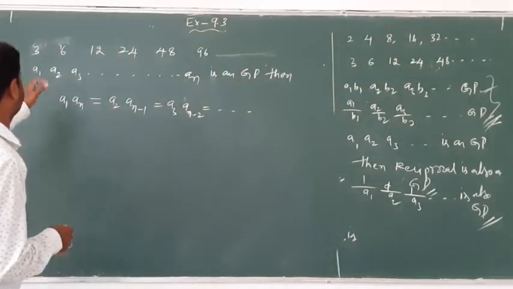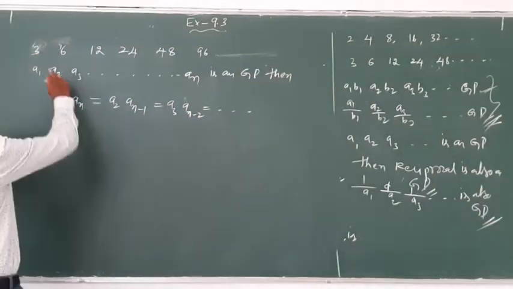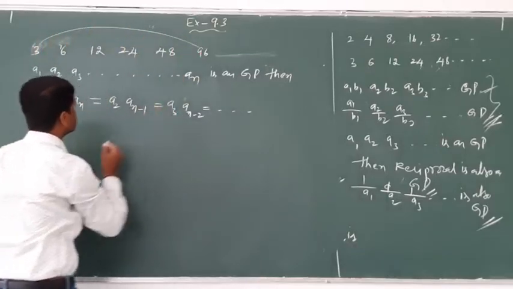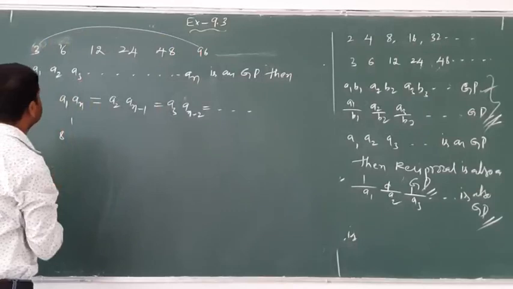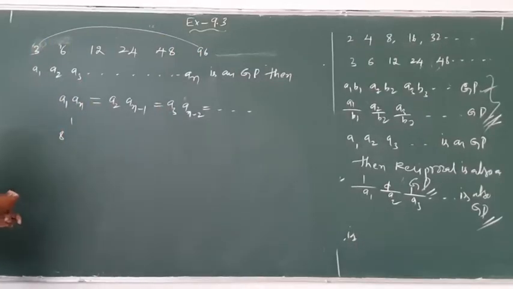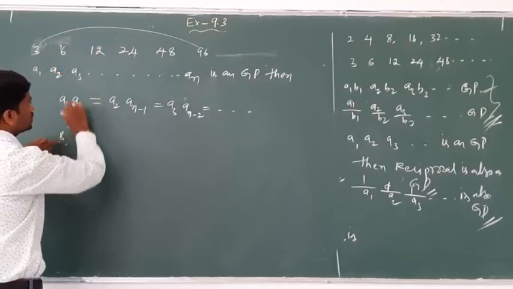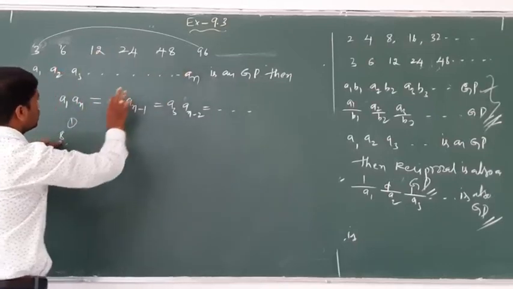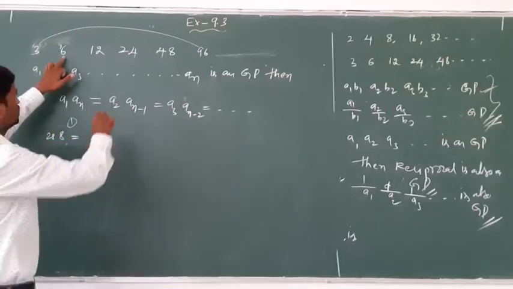I will take one example. Take 3 and 96. 6 3s are 18, 9 3s are 27. 3 into 96 is 288. Next, 6 into 48 is 288.